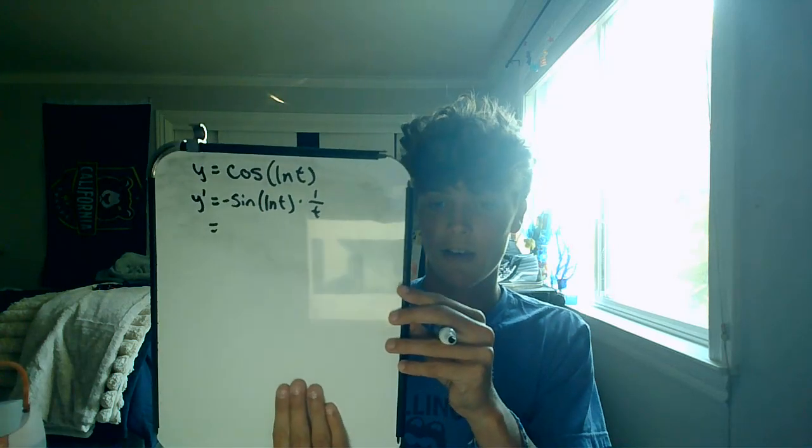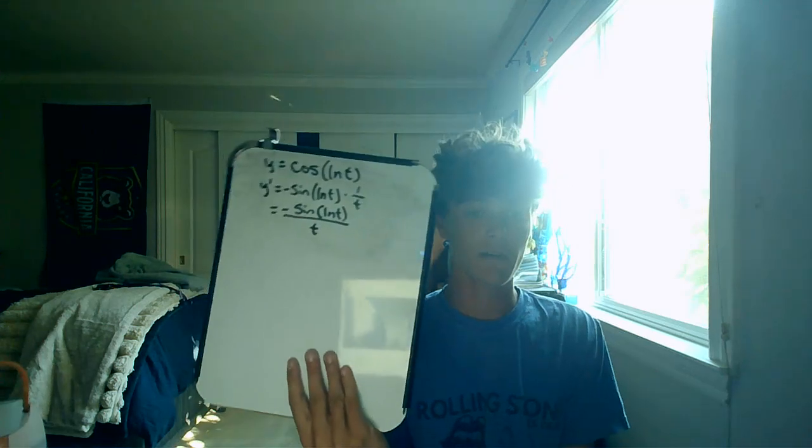So that's taking the derivative of the outside, then we take the derivative of the inside, which is the derivative of ln, which is 1 over t. Well, it's cosine, so it's negative. So negative sine ln t times 1 over t, which simplifies to negative sine ln t over t. And that would be our final answer right there.